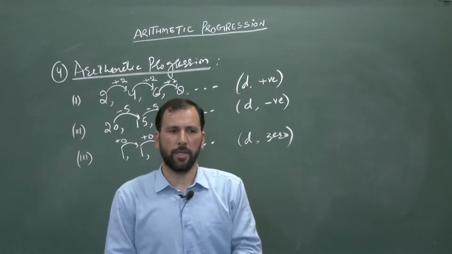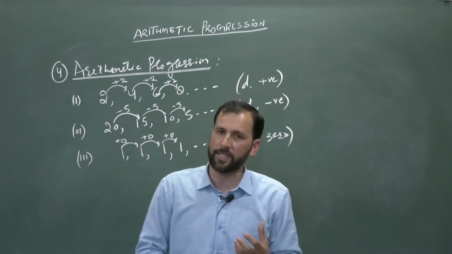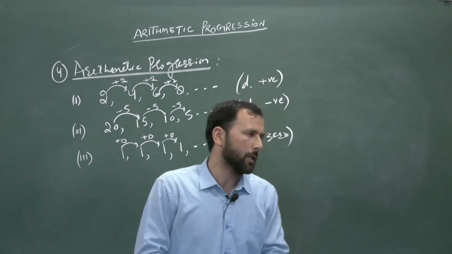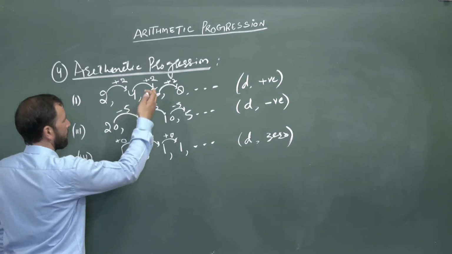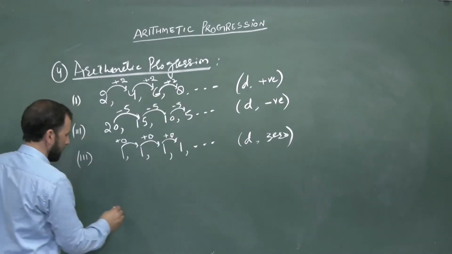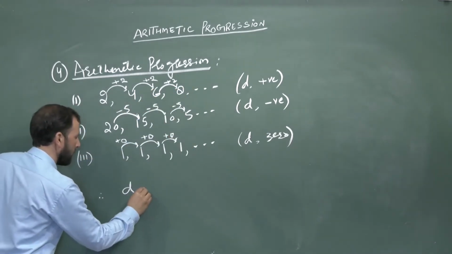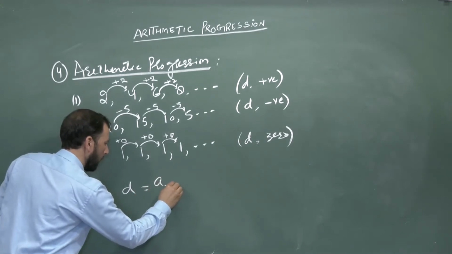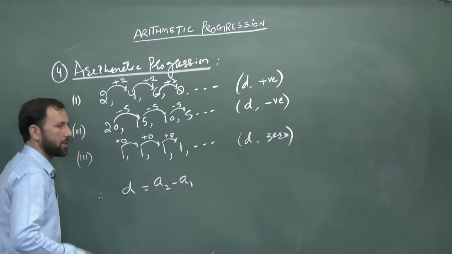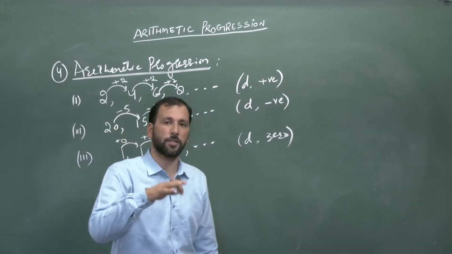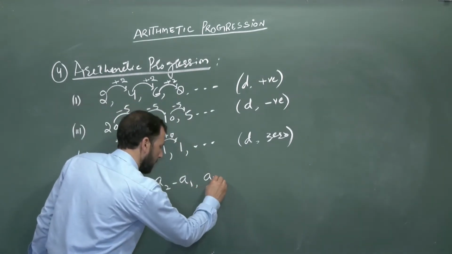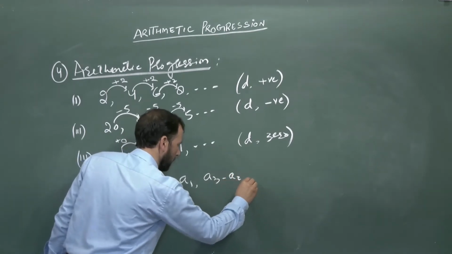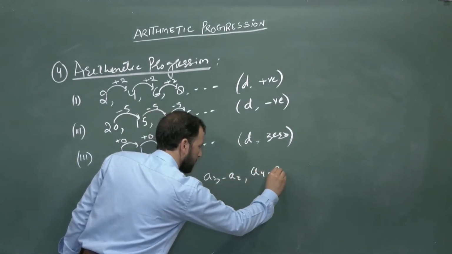The common difference is actually the difference between two consecutive terms of an AP. So if we have the AP 2, 4, 6, 8 and so on, then the common difference D is A2 minus A1, that is, succeeding term minus preceding term, or A3 minus A2, or A4 minus A3.